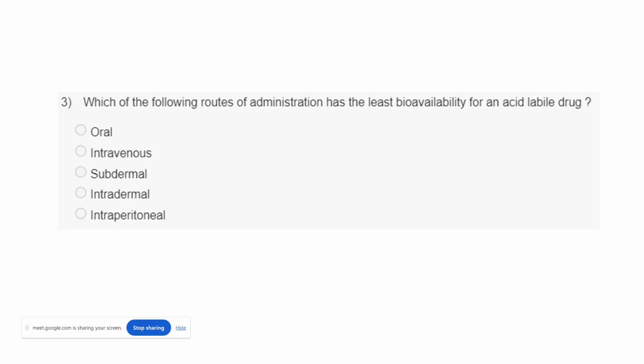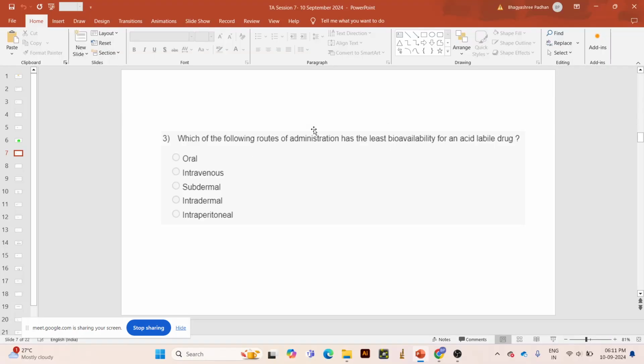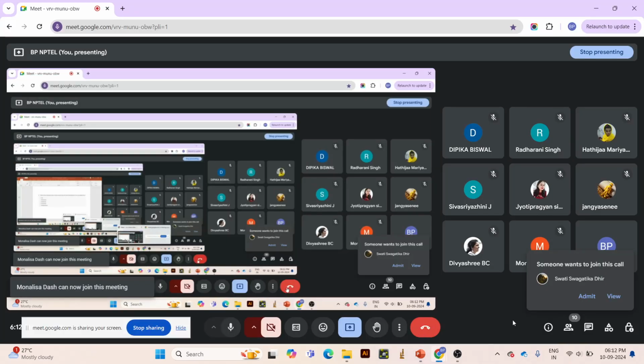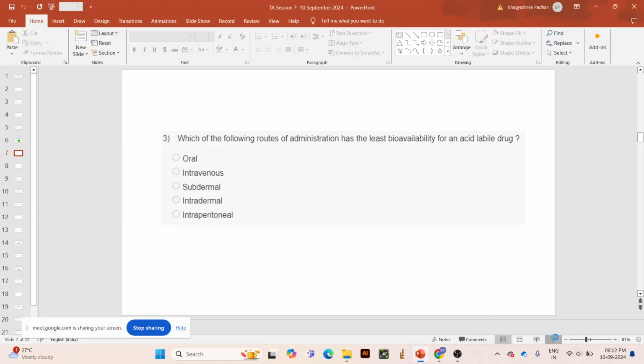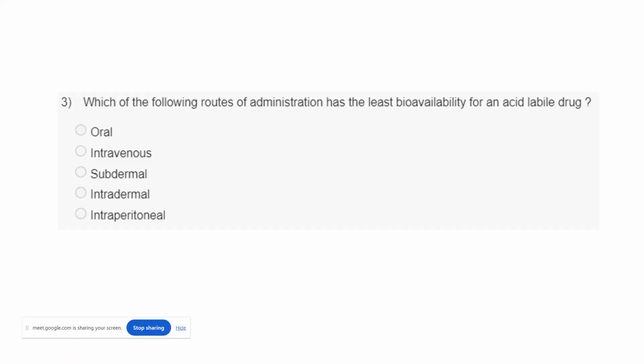Okay, the third question: which of the following routes of administration has the least bioavailability for an acid labile drug? Option 1, oral. Okay, anybody else?